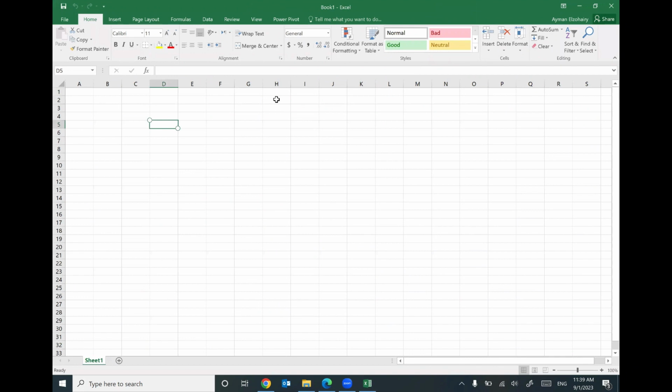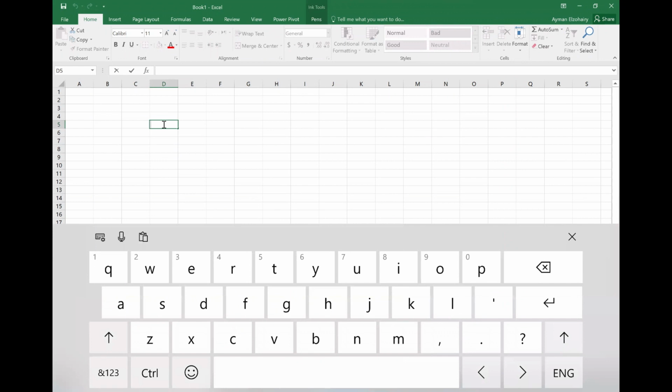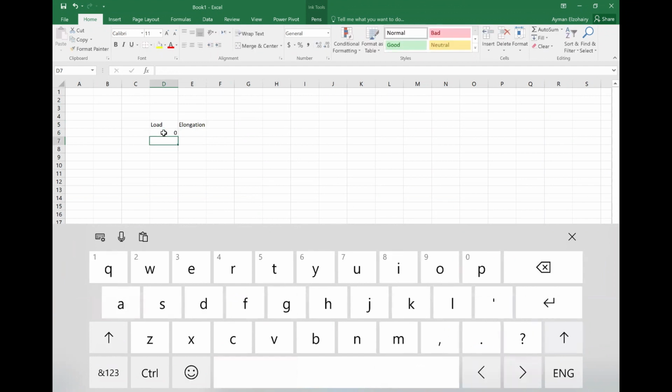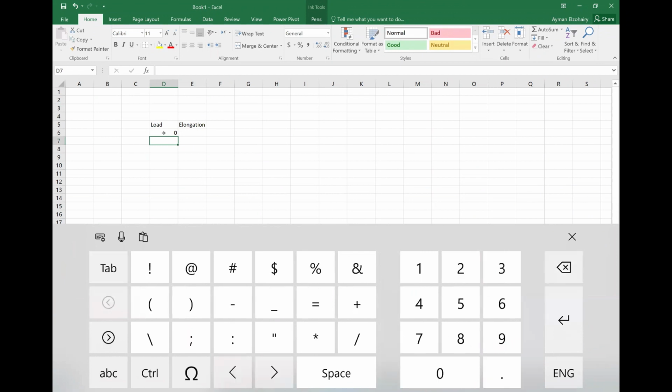In this column, I have load. In this one, I have elongation. Do you agree? So we have 0. Can anybody help me figure out these numbers? 0 and what? Can you repeat them for me?